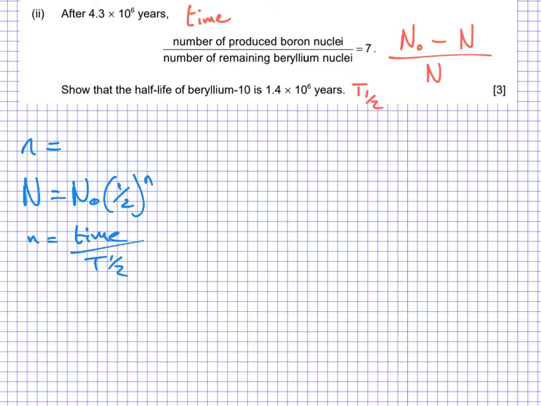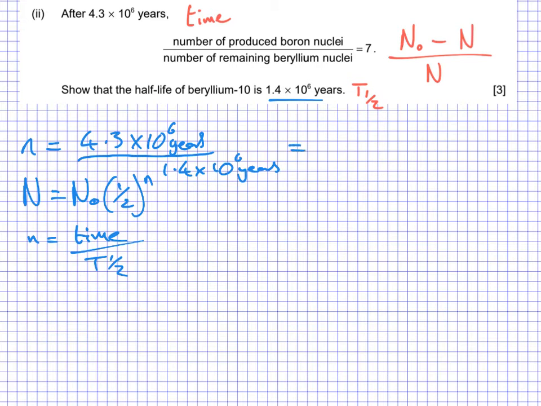So this n value is going to be the time elapsed, which we have as 4.3 times 10 to the 6 years, over, let's just do that again, over, and my half-life time here is 1.4 times 10 to the 6 years.